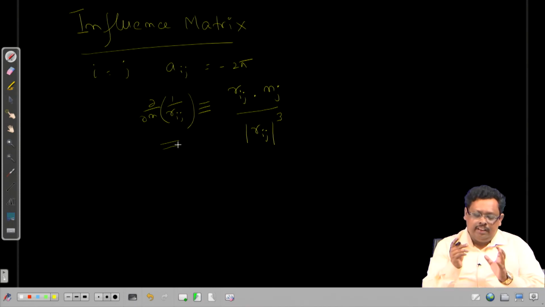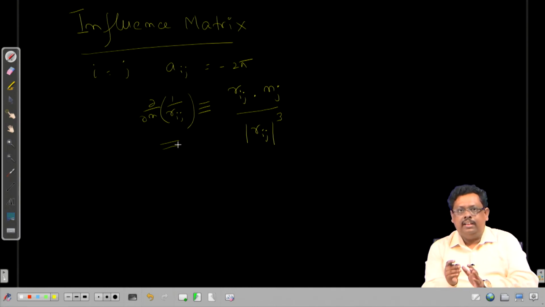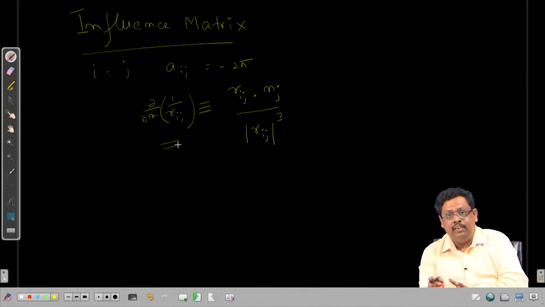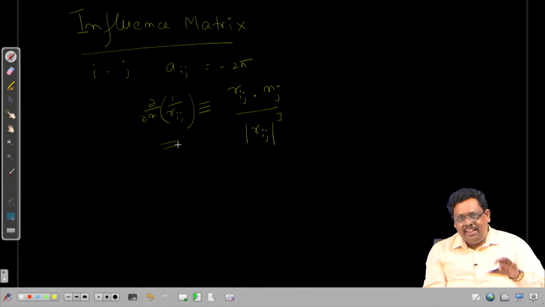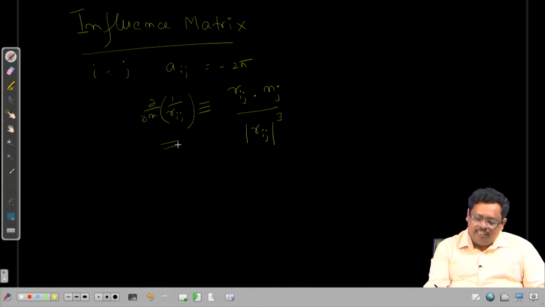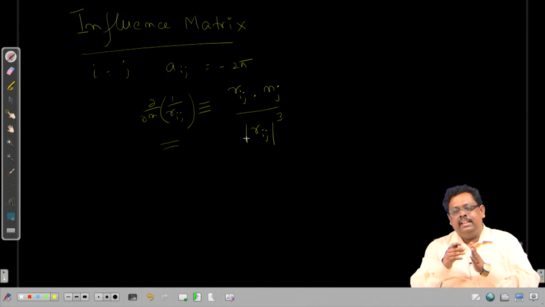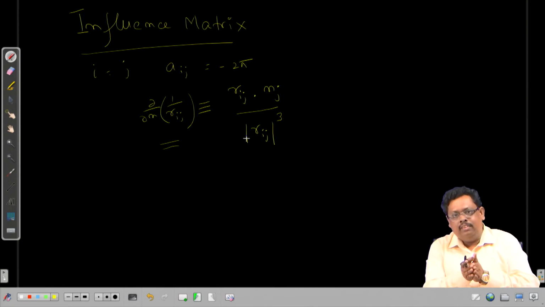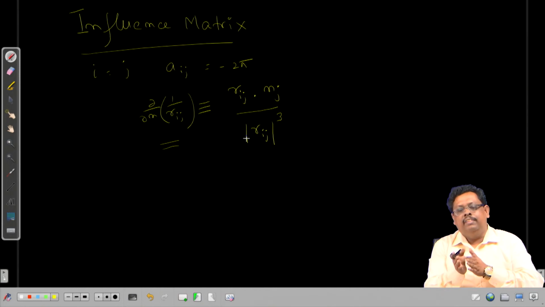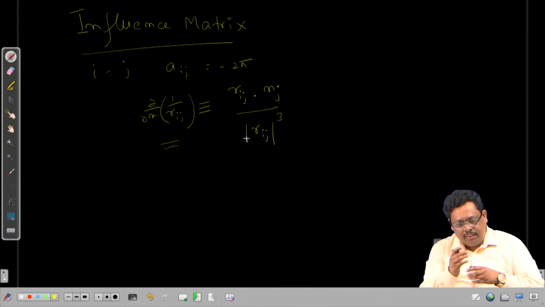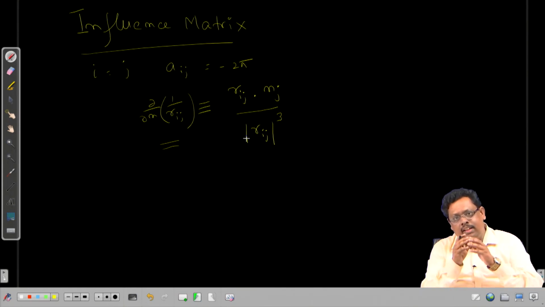Now, this actually tells me how to write the influence matrix. Now, here comes the coding. We know how to get this value, but how to arrange it in a code, so that maybe somebody wants to develop the code based on what you have written, but then he should understand your code.